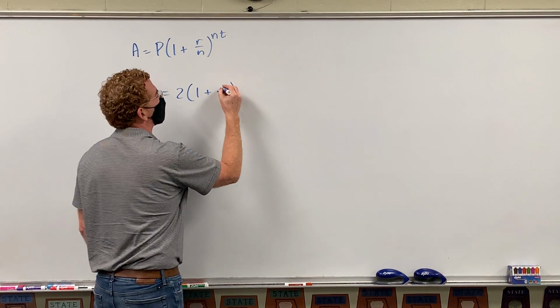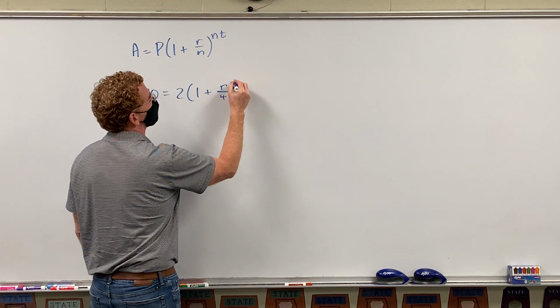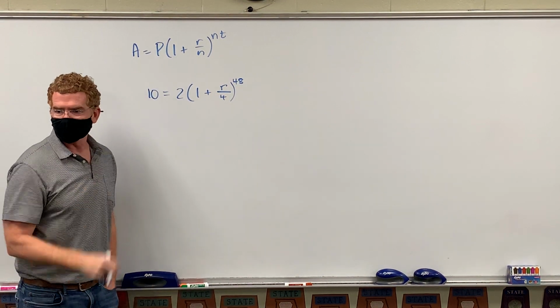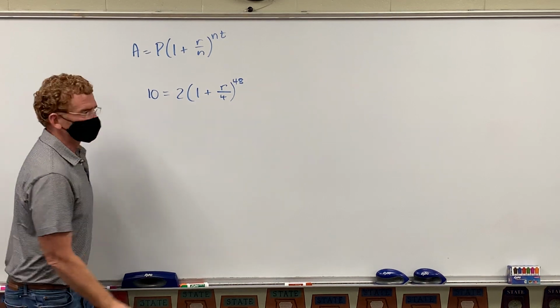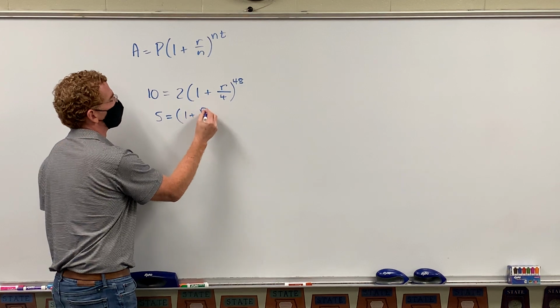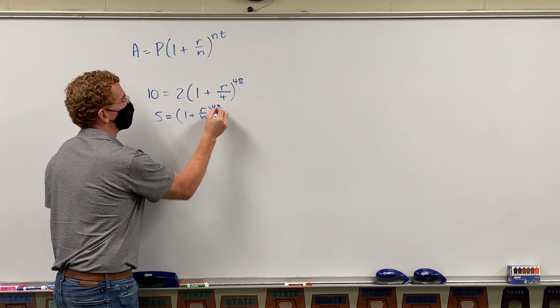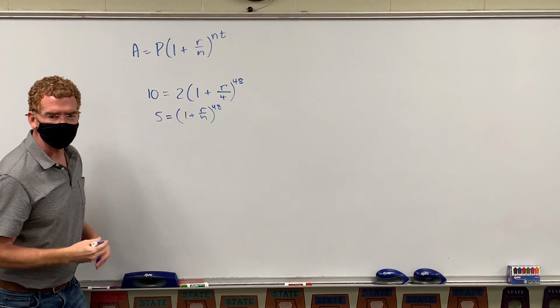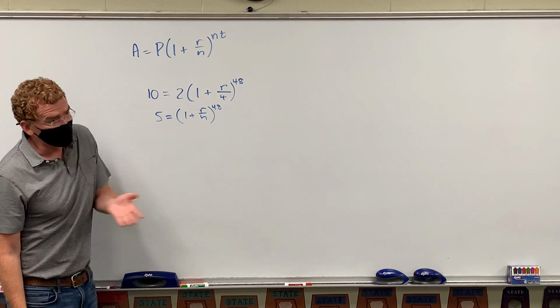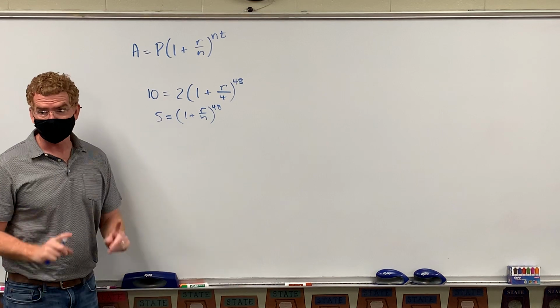And then sometimes you'd have a variable here. What would you do if the R was still left and say you ended up with 48 right here? How do you get the R by itself? You're going to talk louder. I can't hear. How do you get the R by itself? Close. It's not a square root because you're not getting rid of a 2. It's a 48th root.